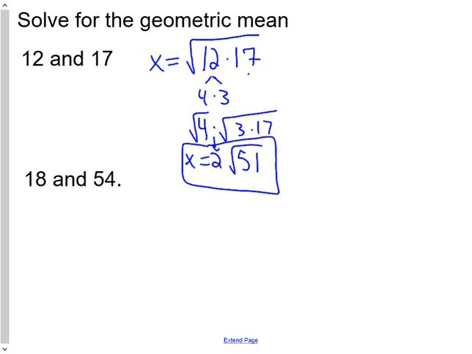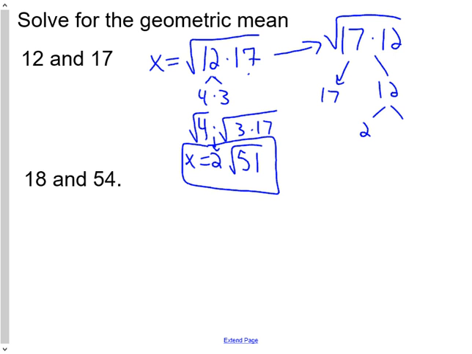Another way you can break these apart is making prime factor trees. 17 is one branch, 12 is the other, and then breaking it down, we could do 3 times 4, 2 times 6, breaking it down into prime factor components. Now at the end of each branch is our prime number. The prime factorization of 204, by my math, is 2 times 2 times 3 times 17.